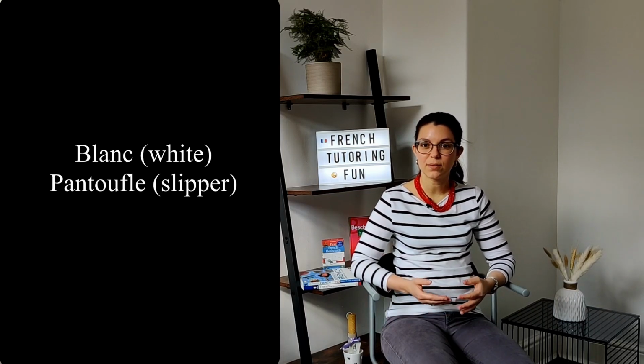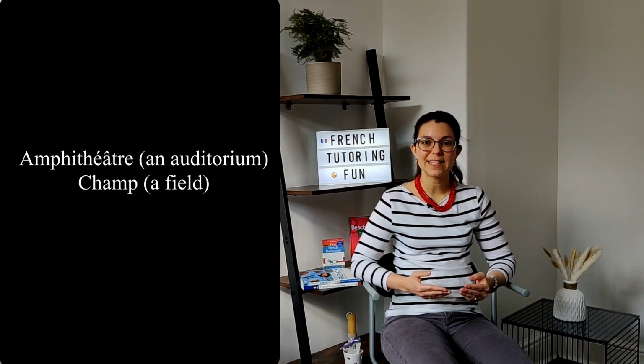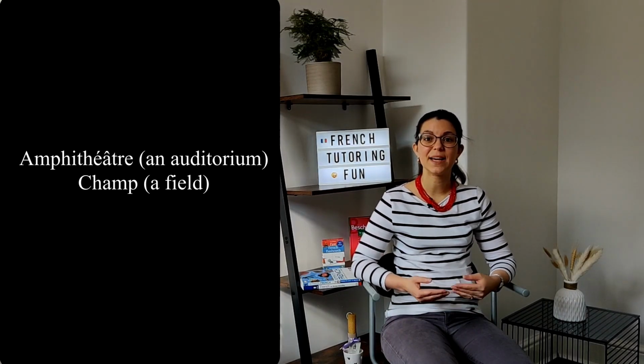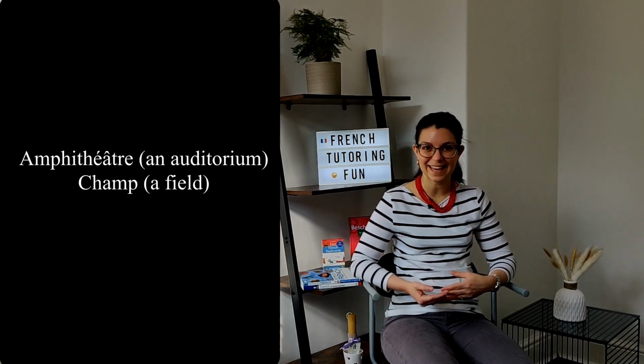Then an example of AN, we've got blanc, pantoufle. Perfect. And an example of AM, we've got amphithéâtre, champ. So here it is followed by a P, so we've got AM instead of AN.